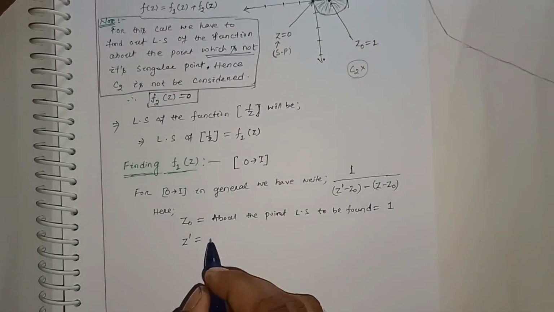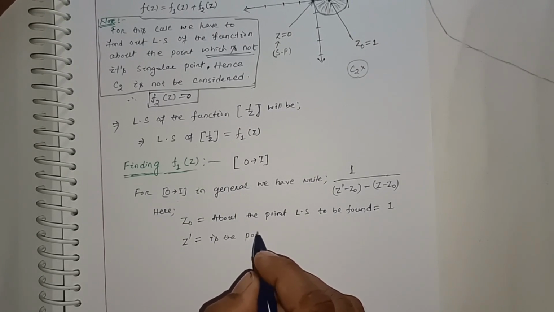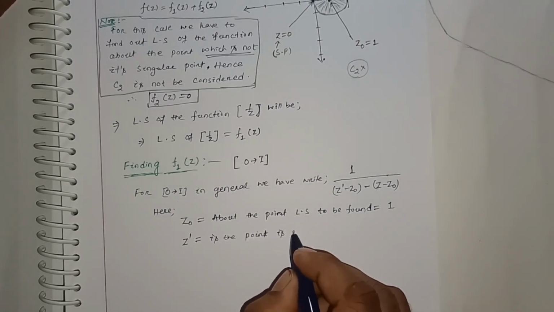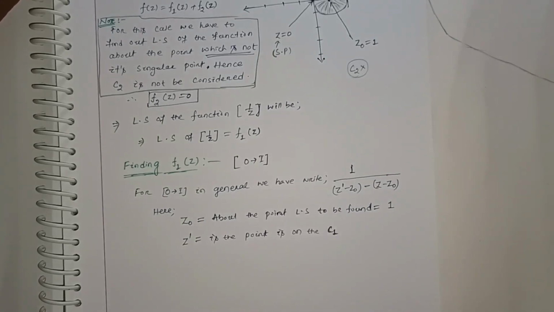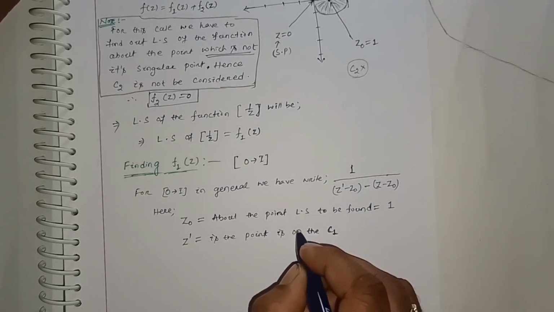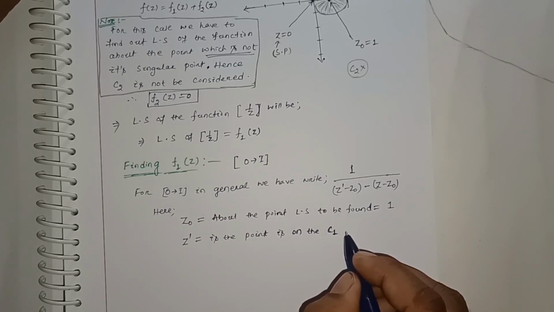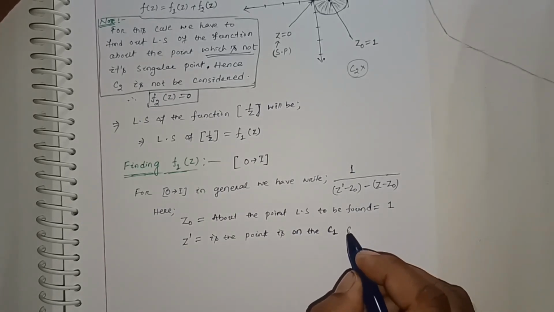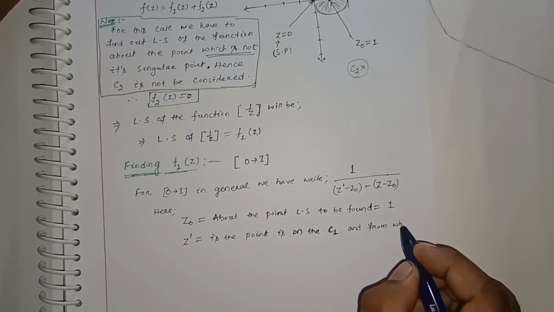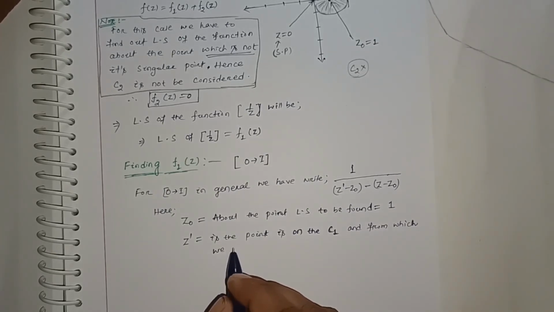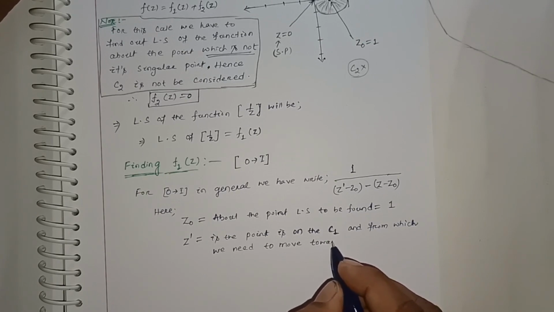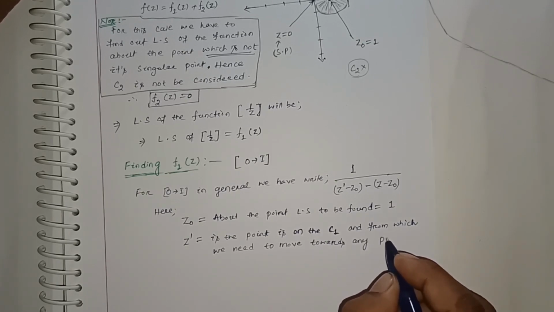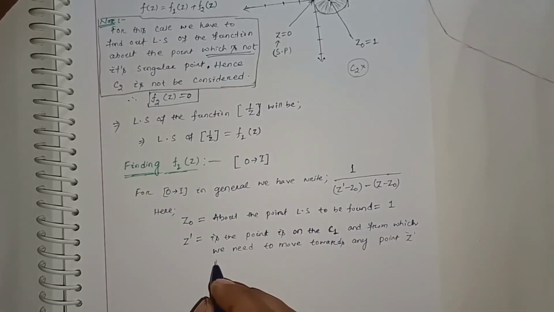Same thing I'm going to write. Z dash is the point on the C1 always, the point on the C1 from which we need to move towards any point z in the specified region.